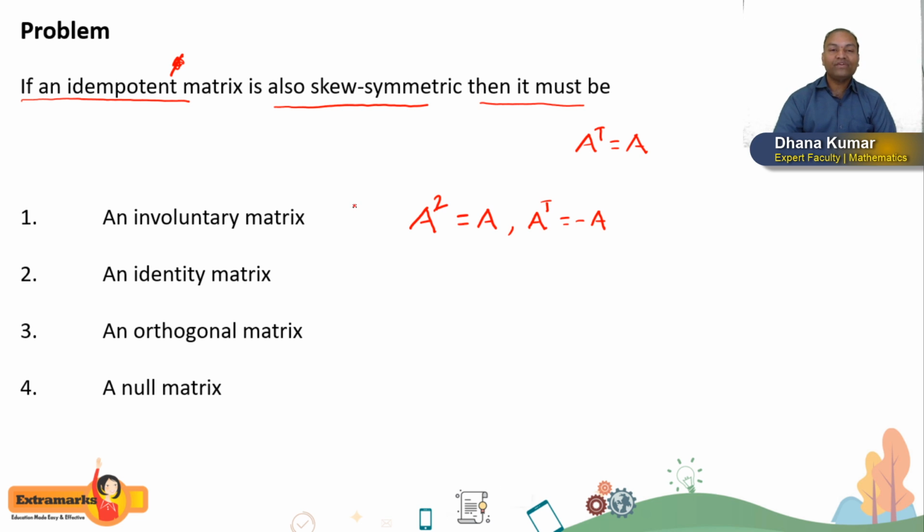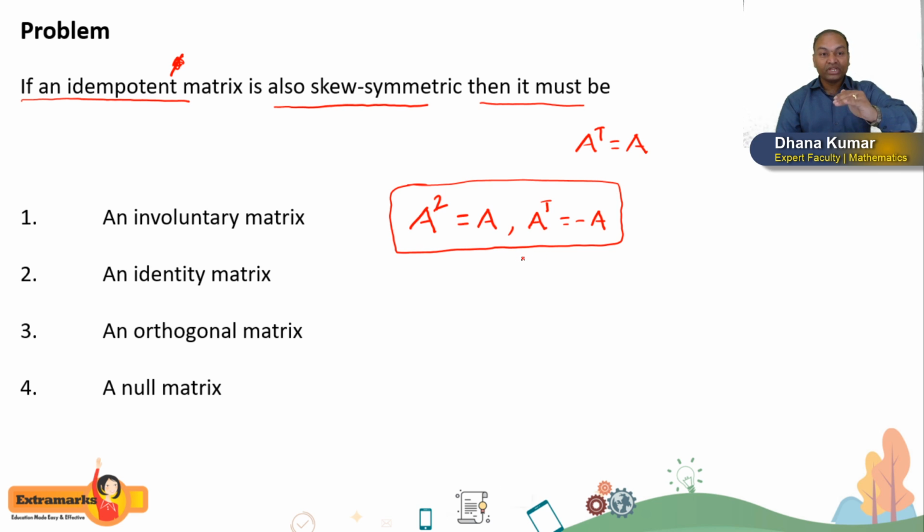So, if a square matrix A satisfies these two given conditions, then it must be dash. First one involutory matrix, second identity matrix, third orthogonal matrix, fourth one null matrix. Null matrix means all the elements in the given matrix are zeros.